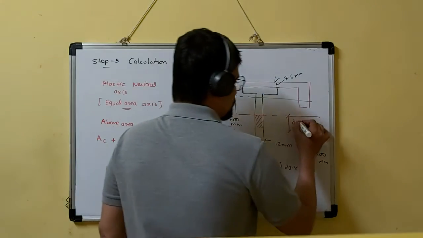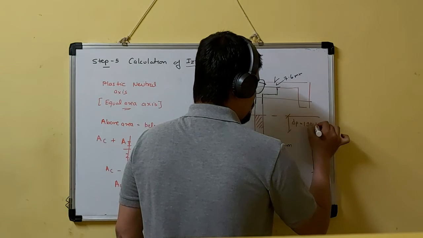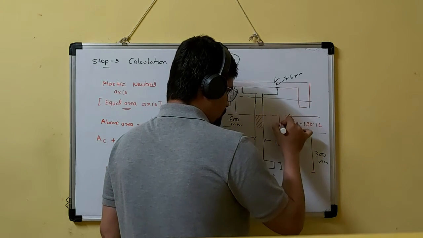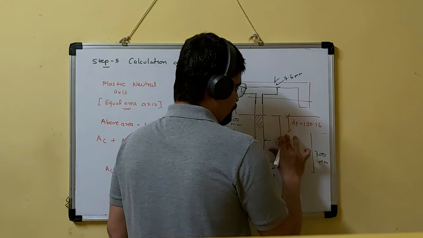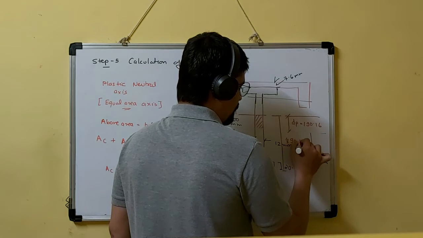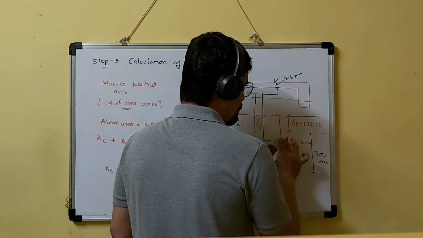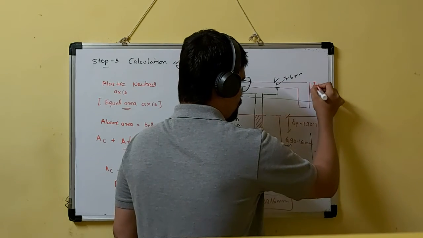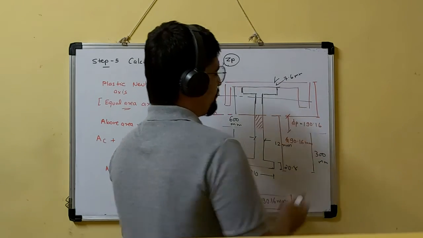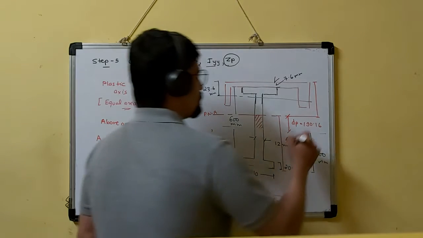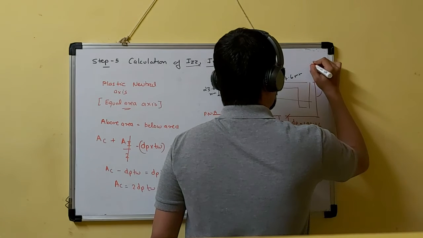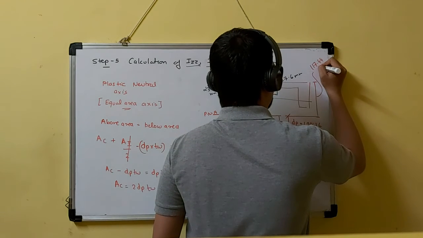So the plastic neutral axis from below is 490.16 mm, and from above it is 607.6 minus 490.16, which is 117.44 mm.